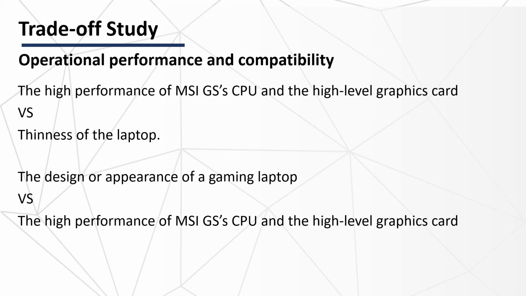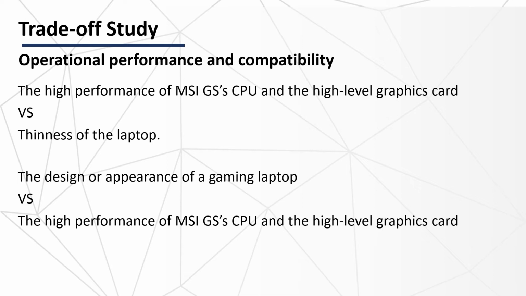It is the biggest trade-off in the MSI program, right? So we need to take several things into consideration to know it is a trade-off. There is a balance in it, which is the high performance of MSI GS's CPU and the high-level graphics card versus the thinness of the laptop.